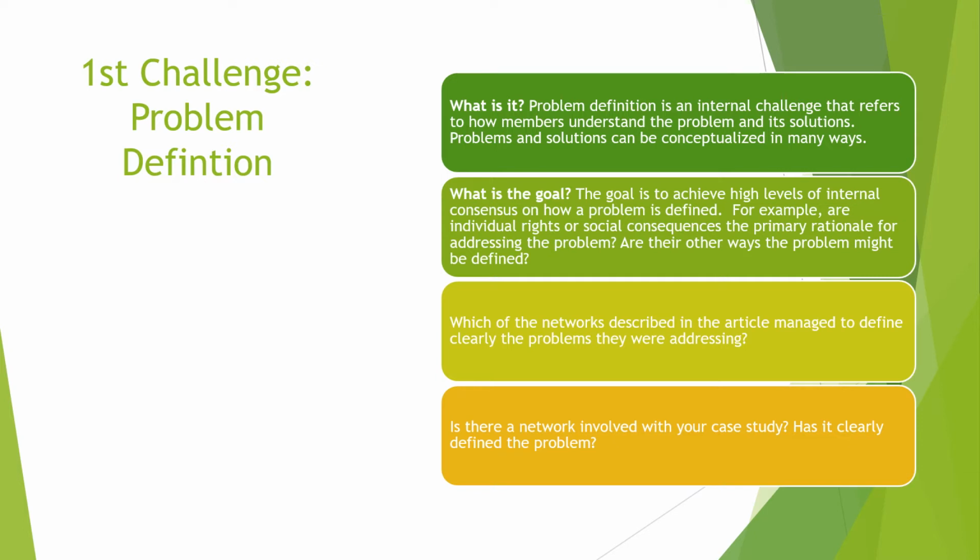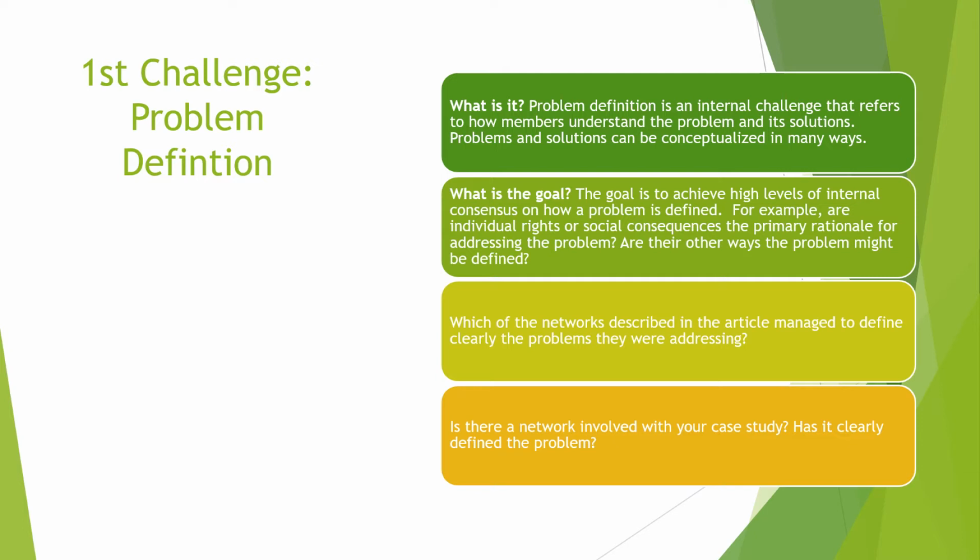The goal of problem definition is to achieve high levels of internal consensus on how a problem is defined. So in any given health problem, for instance, is it individual rights or social consequences that constitute the primary rationale for addressing that problem or for group action? Are there other ways the problem might be defined?